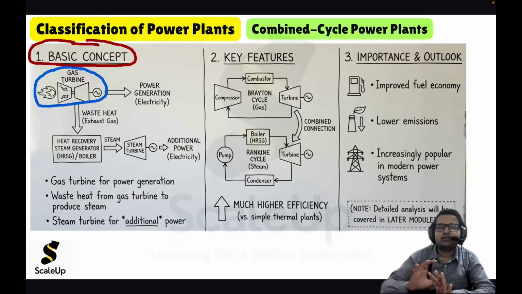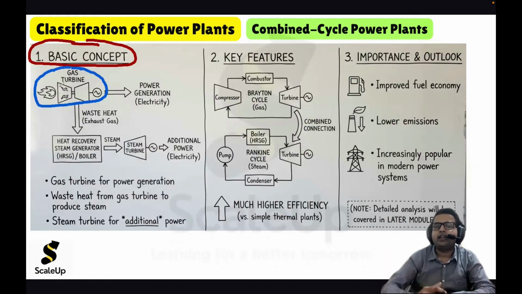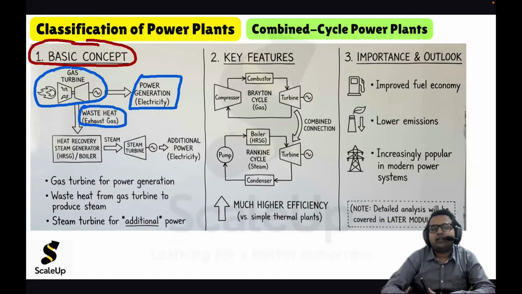Those hot gases expand and rotate the turbine, and the excess exhaust gas will contain heat. We call it the waste heat. So the gas turbine is already generating power, but it is also supplying exhaust gas as waste heat. And in combined cycle power plants, we make use of this waste heat.